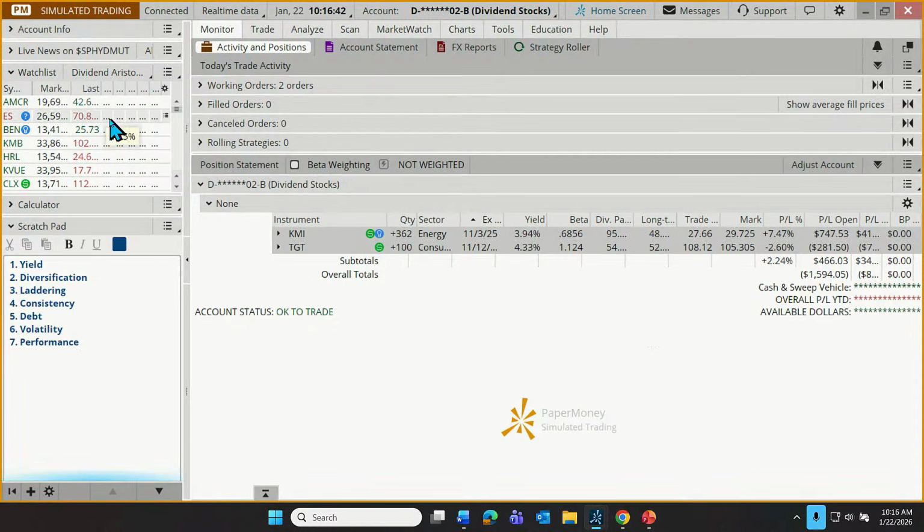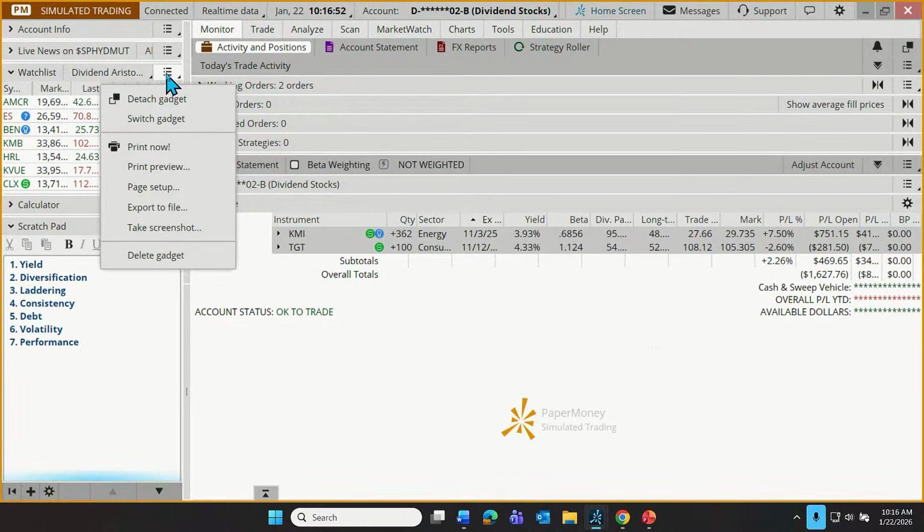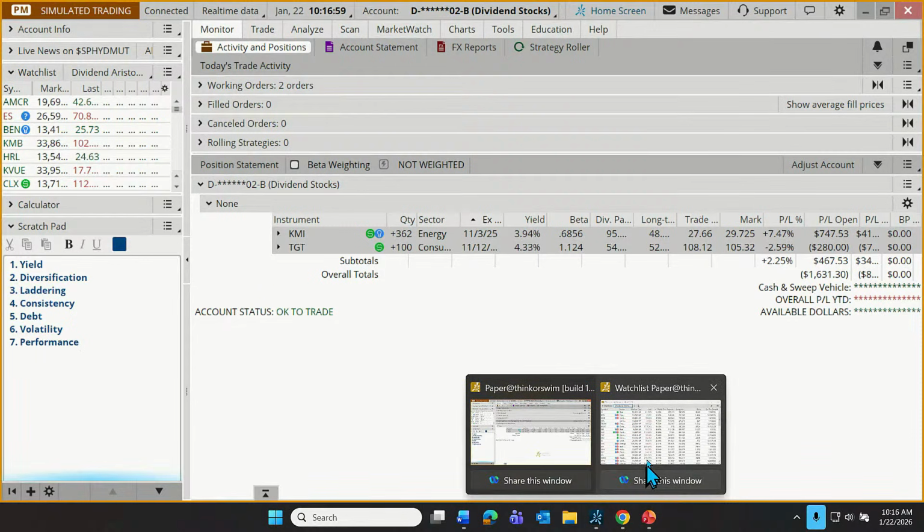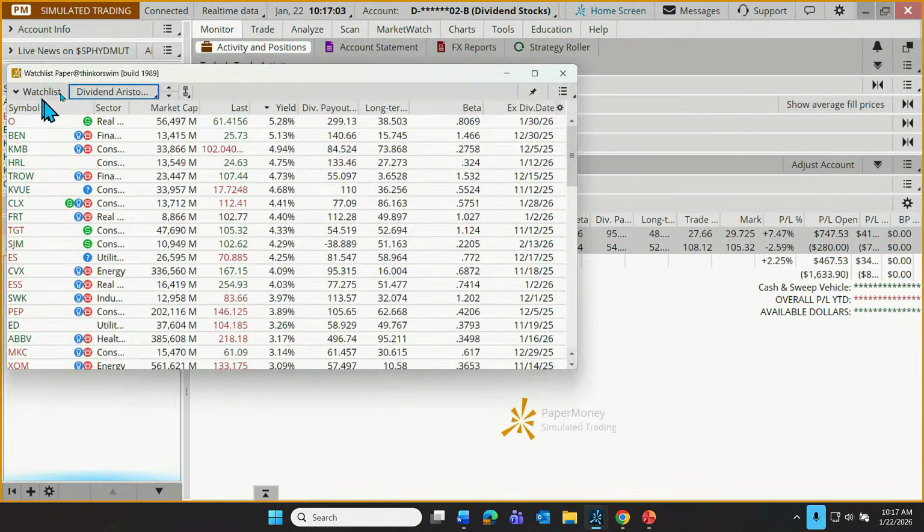So we just get these dots representing the hidden data there. So we can separate this, give us a larger workspace, click up here, and detach that gadget. So here is a wider view of that watch list gadget there.